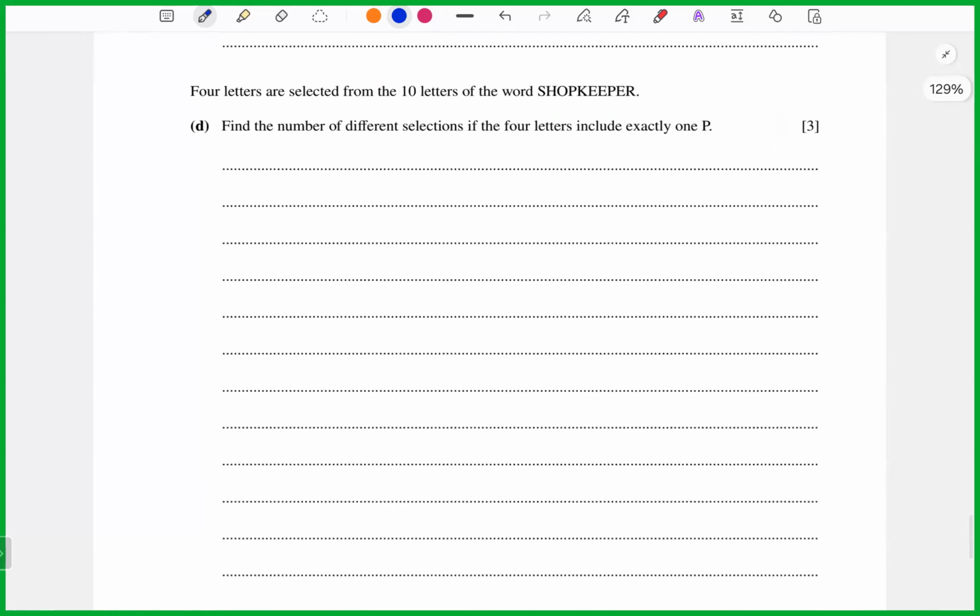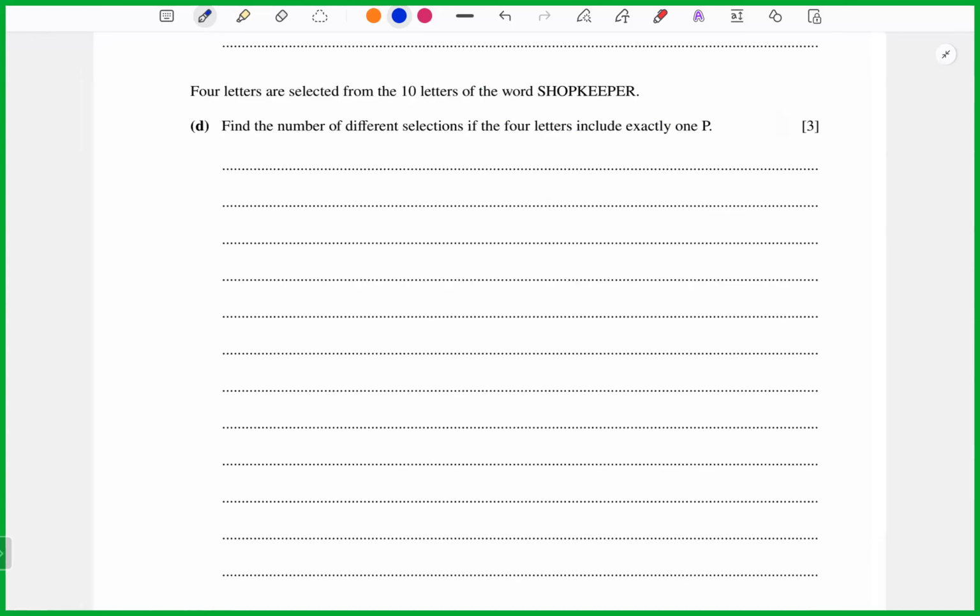Now we see question D. 4 letters are selected from the 10 letters of shopkeepers. Find the number of different selections if the 4 letters include exactly 1P. I already mentioned many times in previous videos: if you see these questions, please don't use probability to calculate the answer.